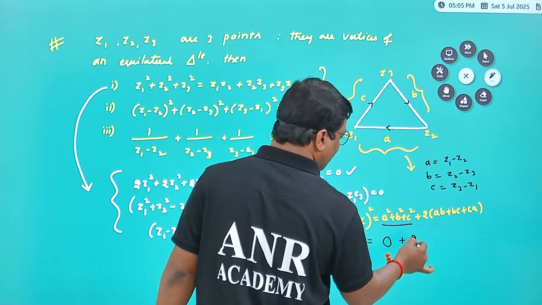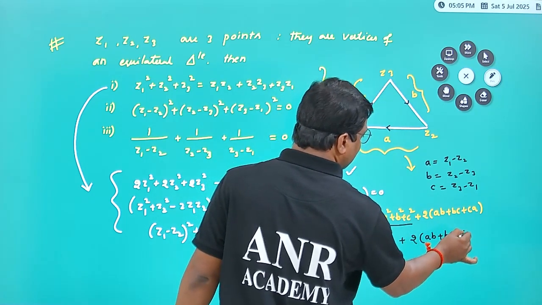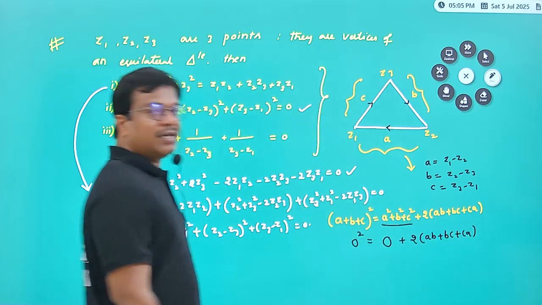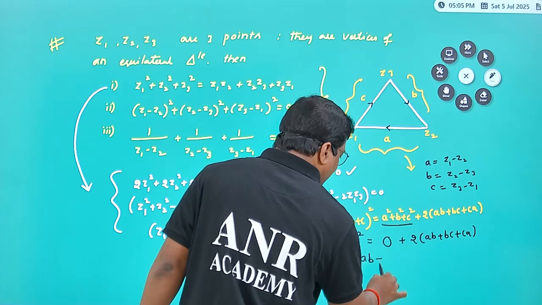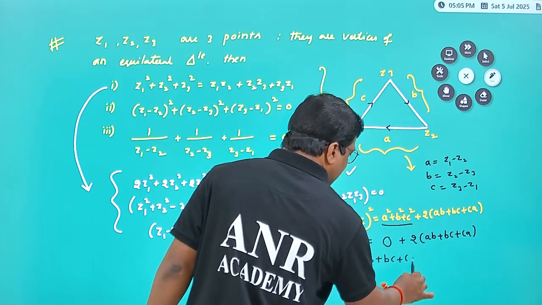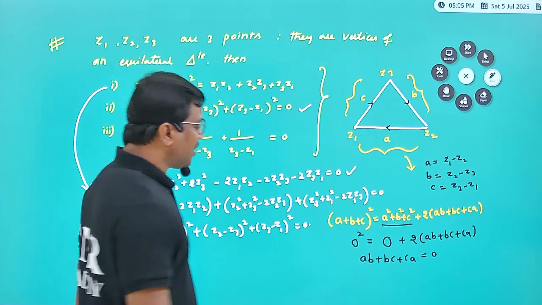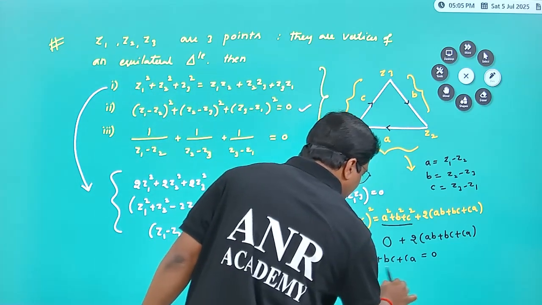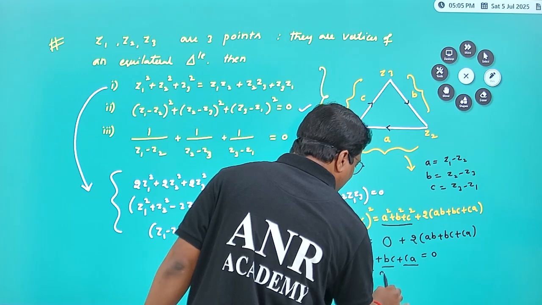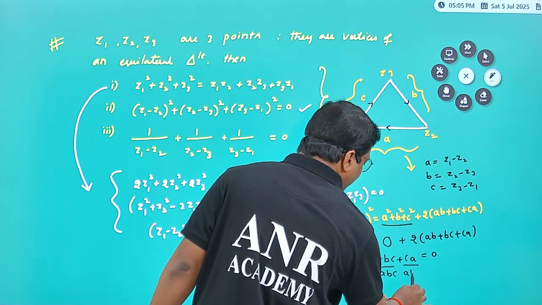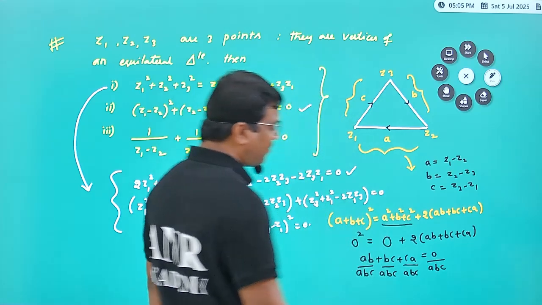Next plus 2 times of (AB plus BC plus CA) we get, and from this I can write AB plus BC plus CA equal to 0. Divide each and every term with ABC. First, second, third, 3 terms I am going to divide with ABC, and in the right part when you divide it is 0 itself, right?